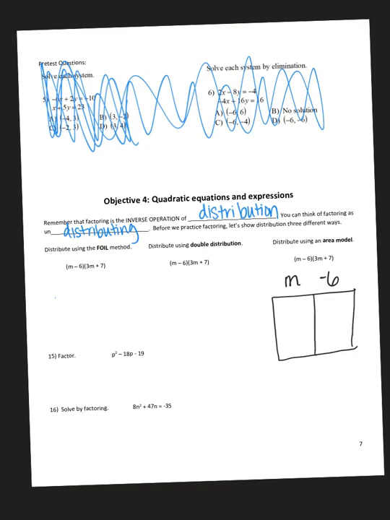And then we're going to multiply by this other binomial that has the terms 3m and 7. And since there's 2 terms there, it's got 2 rows. And then we're going to find the product for each cell.